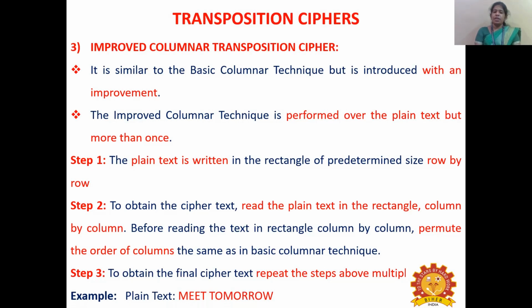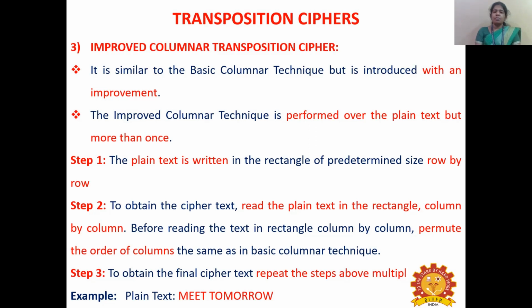Here improved means we are going to perform these things multiple times. If you go up to n equal to 25 times, the ciphertext you get from your plain text is very complex. It is very difficult for the cryptanalyst to identify. So this is called the improved columnar transposition cipher.